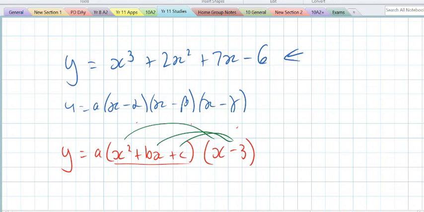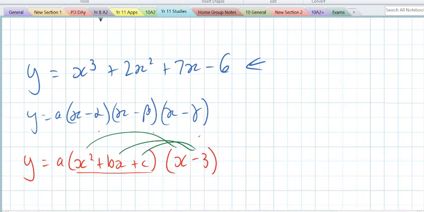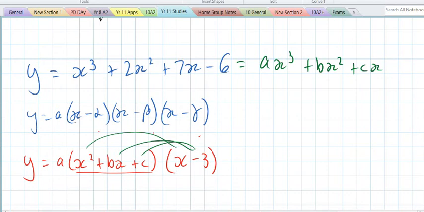So, by that I mean if you have this function is equal to ax cubed plus bx squared plus cx plus d, then we can say that a is 1, b is 2, c is 7, d is minus 6.